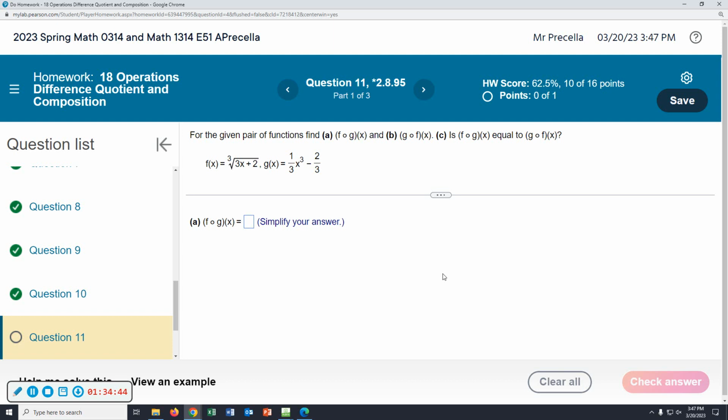Of 3x plus 2, and g of x is, oh wow, 1/3 x to the third minus 2/3. Well, find f of g of x.